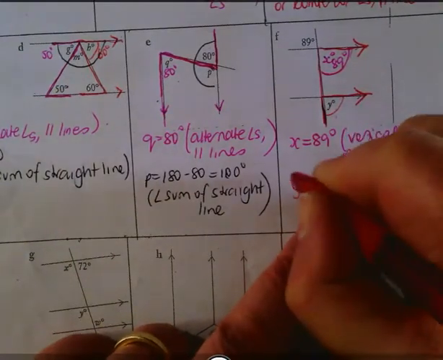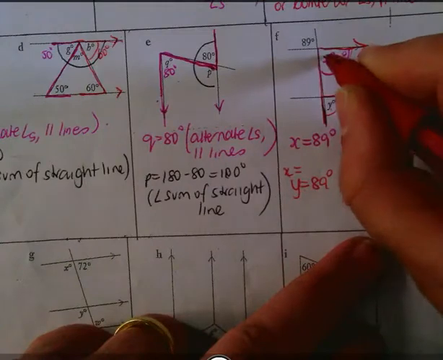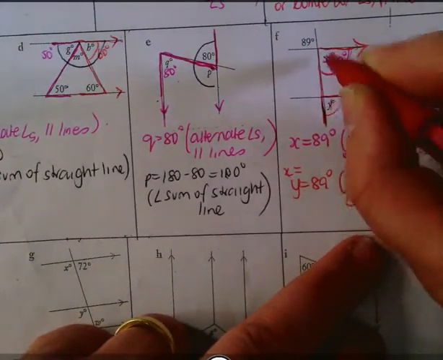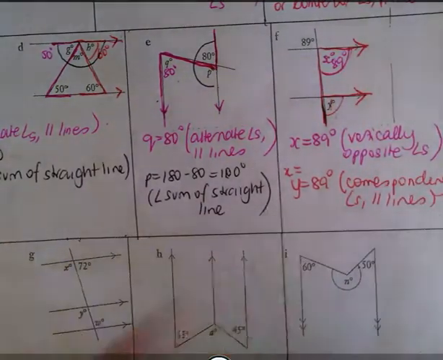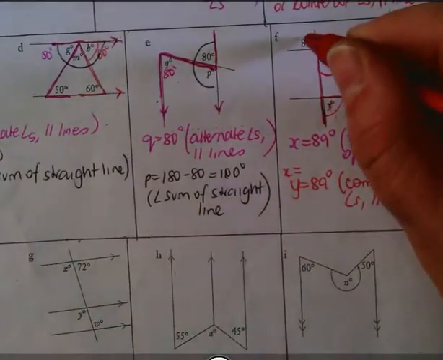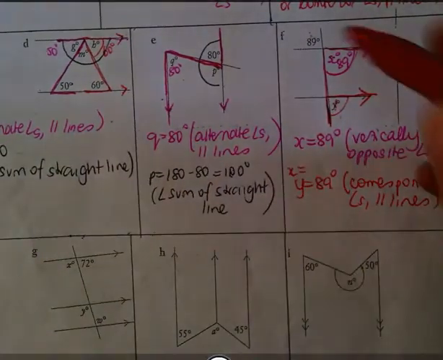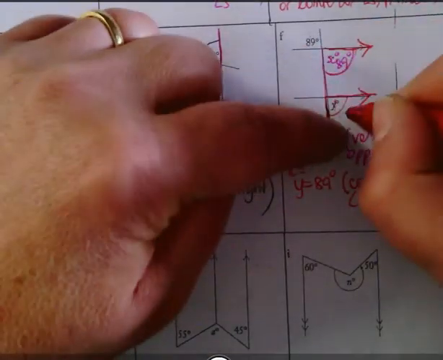And I could also say that X equals Y equals 89. So I'm trying to say that this Y equals this one, that Y equals X, which is 89. So that's corresponding angles. You can't go from this one out here all the way down to that. You have to go vertically opposite first and then corresponding.